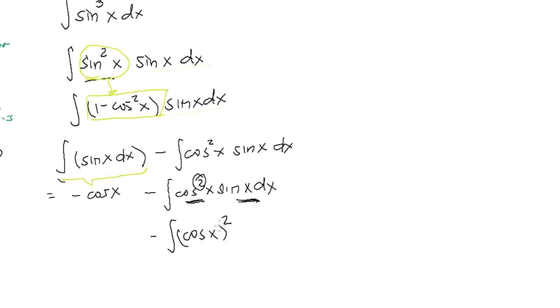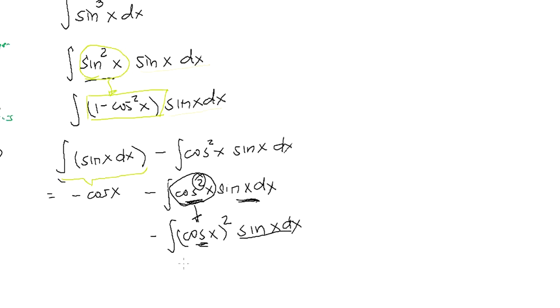This cosine square x here is just equal to cosine x raised to 2. Then we have sine x dx. So if we have something like this, as you can see, this is raised with some power, and the derivative of cosine is just sine x dx.